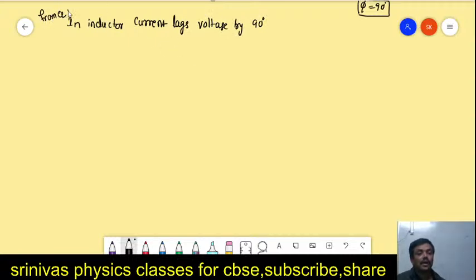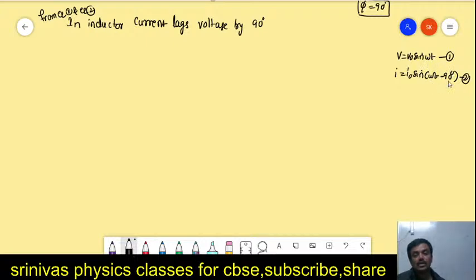This is from equation 1 and equation 2. In equation 1 the voltage equation is V naught sin omega t. In equation 2 the current equation is I naught sin(omega t minus 90). That means the current angle is 90 degrees less than the voltage angle. The current angle is omega t minus 90 degrees and the voltage angle is omega t.